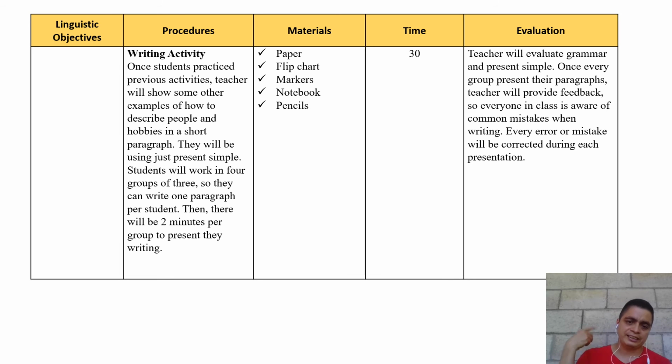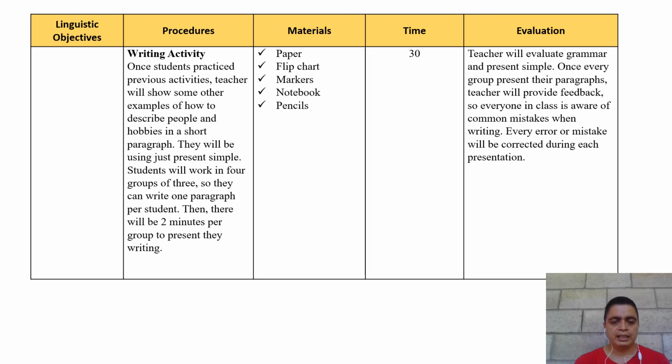The first example was in the last slide when we were reading. Then I will show you some other examples. And I will ask the students to write down some examples also, and they will be using just present simple. So they will be working in 4 groups, and they can write about hobbies and free time activities in 1 paragraph.